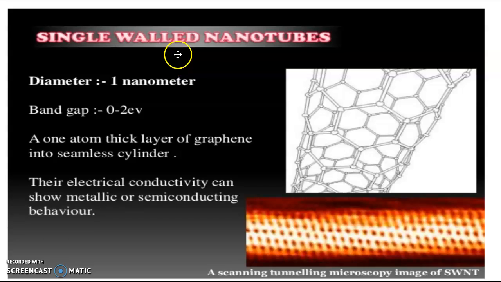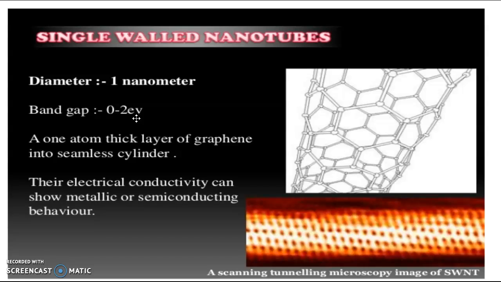The first one is the single-walled nanotubes, which have a diameter of 1 nanometer and a band gap of 0 to 2 electron volt. We know that in conductors, insulators and semiconductors, we have a valence band and a conduction band.